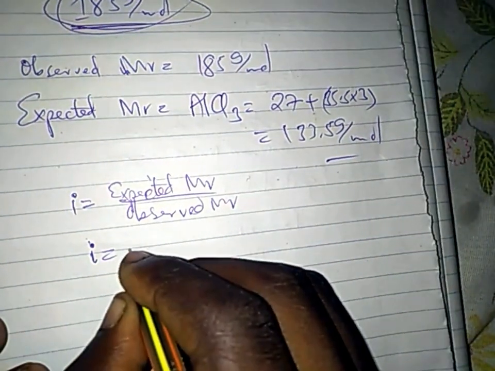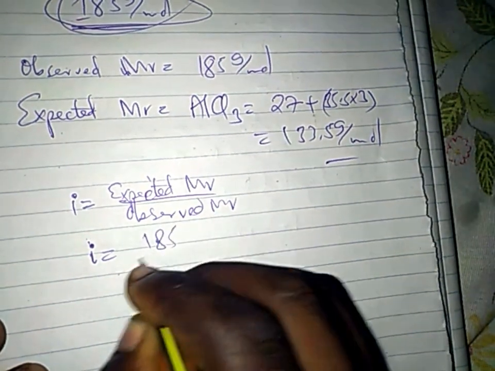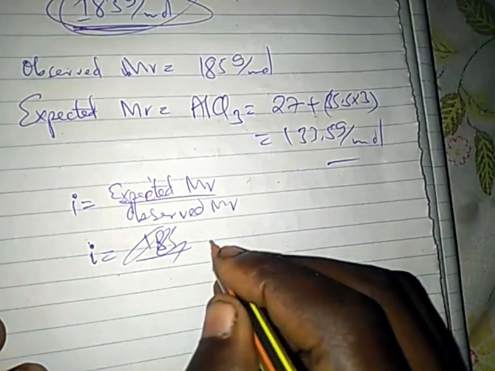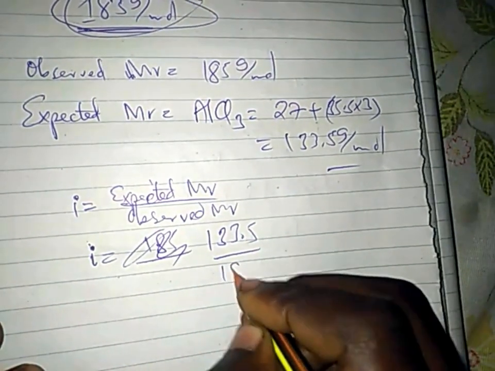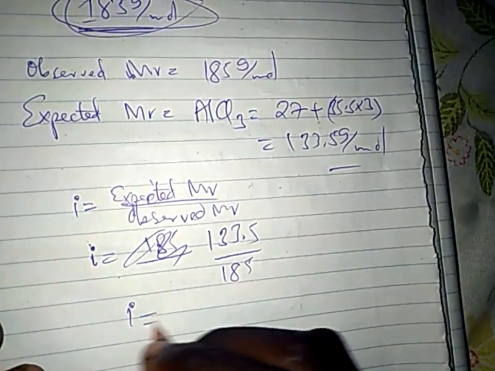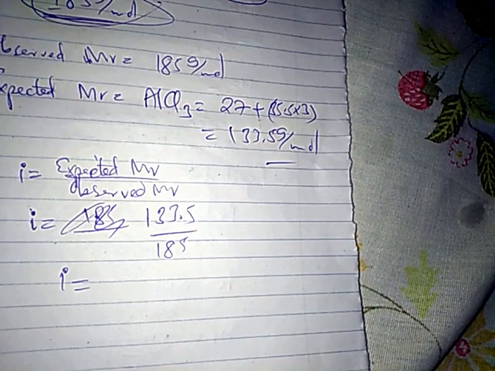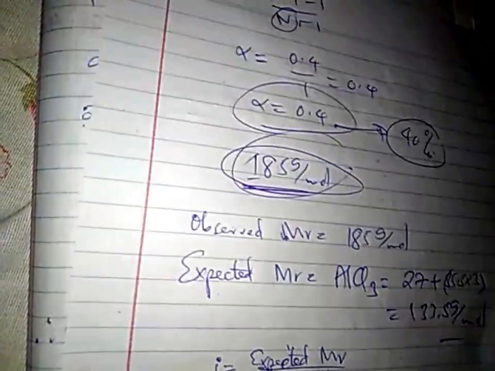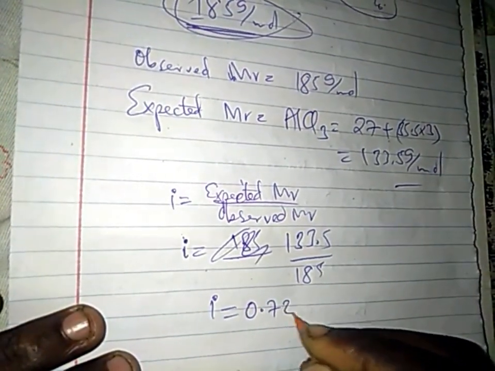Expected ni 133.5. Observed ni 185. So Van't-Hoff's factor, na hapa lazima tupate jibu ambalo ni less than 1 kwenye association. Van't-Hoff's factor tutapata ni 0.72.